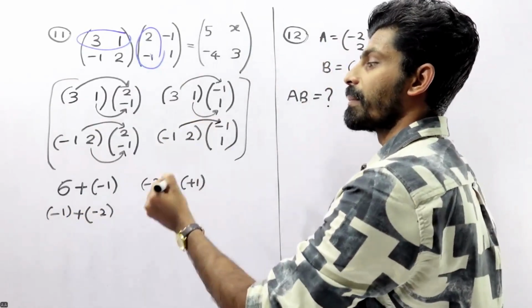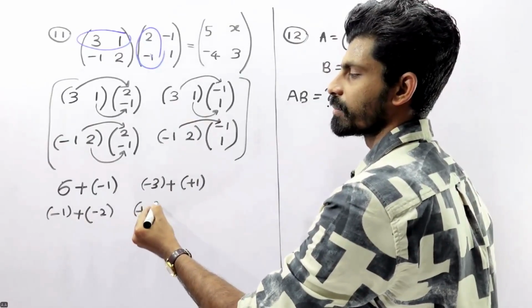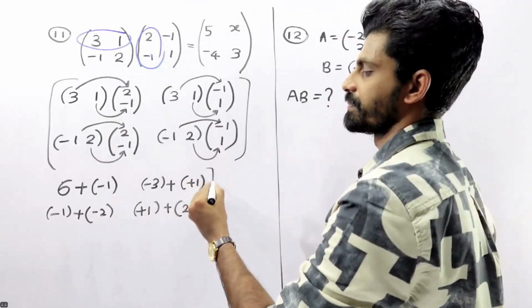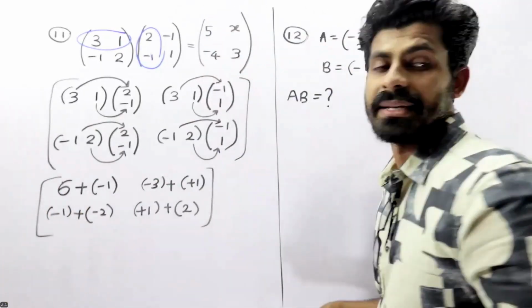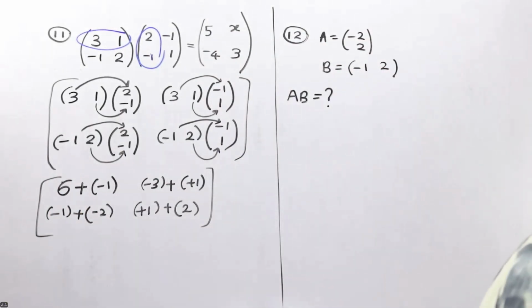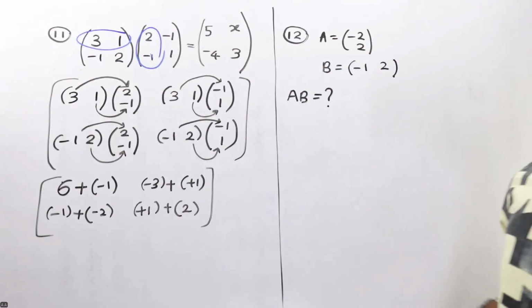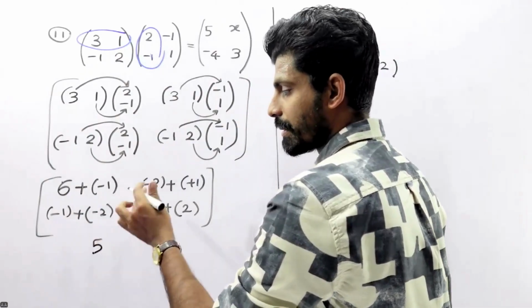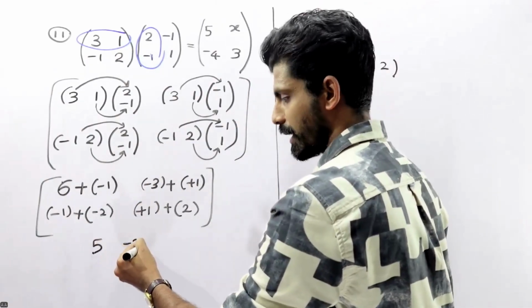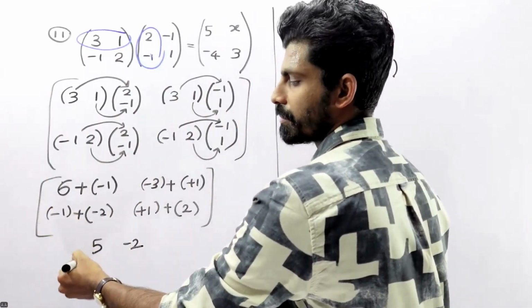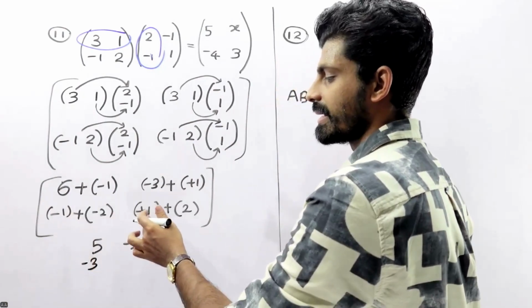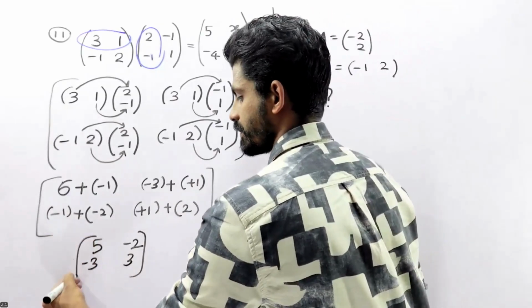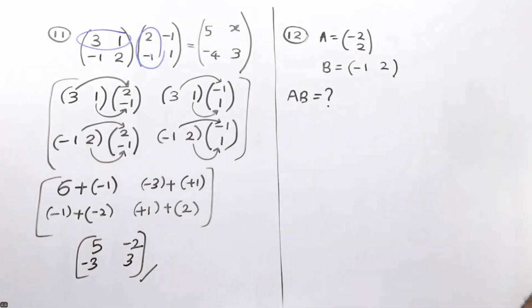Minus 1 multiplied by minus 1 equals to plus 1 plus 2 multiplied by 1. Right, okay. Then you can get the answers. So you can finalize the answers. 6 minus 1, 5. Minus 3 plus 1, minus 2. Minus 2 minus 3, minus 3. 2 plus 1 equals to 3.